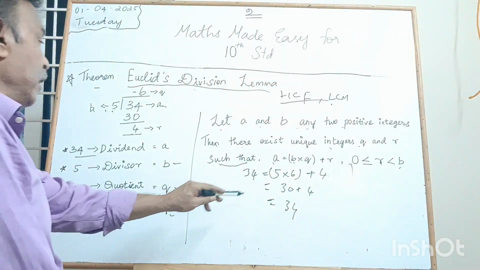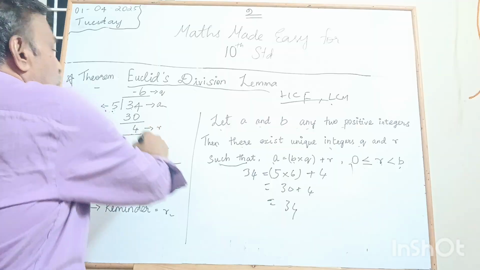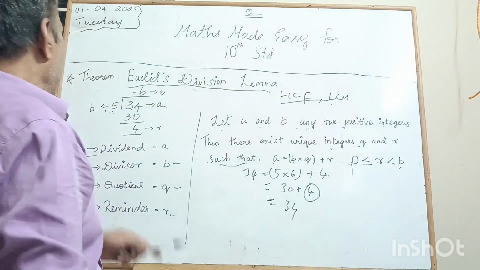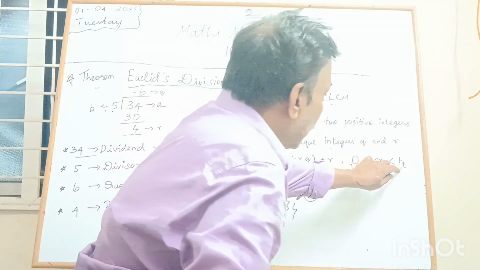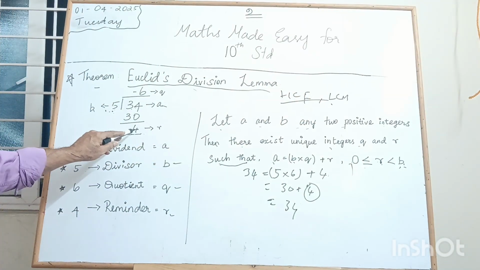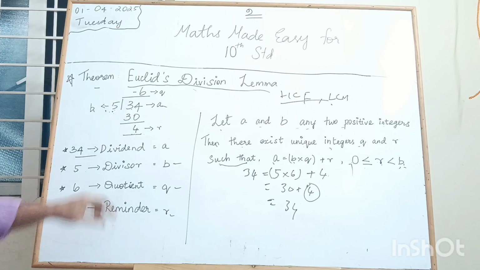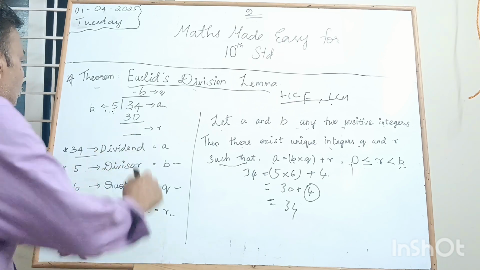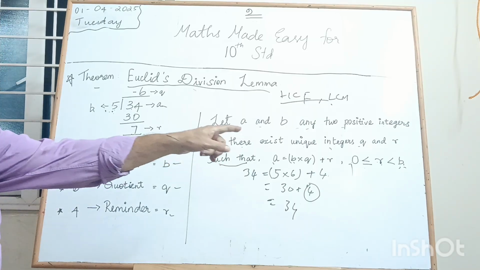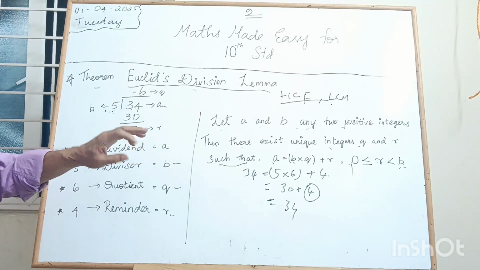Here R is 4, which is greater than 0. So this is the condition that should apply. That means B should be greater than 4. Suppose B is 7, you can again divide by 5. That is why it says B should be greater than R.